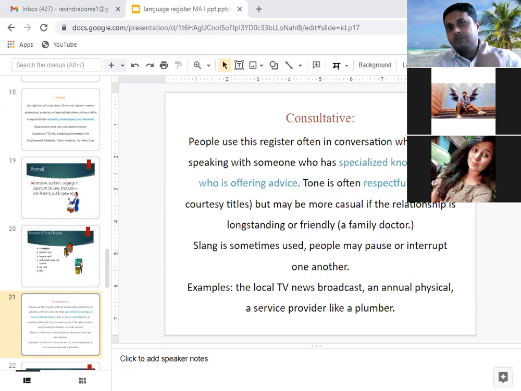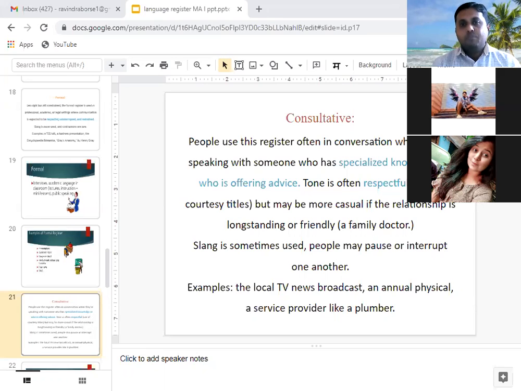Then the mandapwala would consult Rupesh regarding the new style of the stage setting, isn't it? That is consultative. If you visit a doctor, who is a specialist in some respect, you would have a consultative approach with him, isn't it?